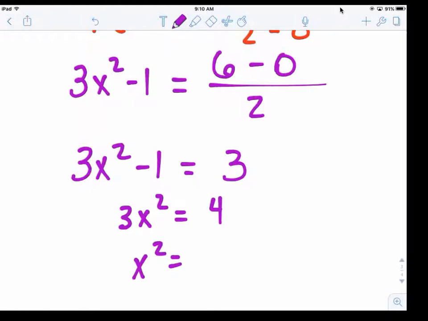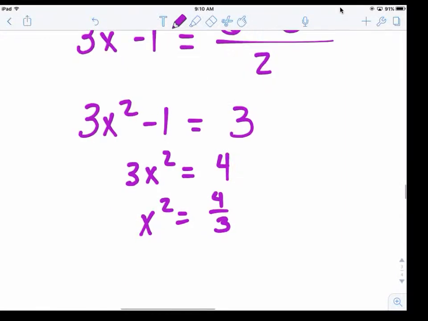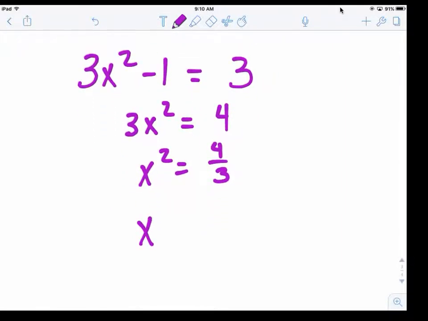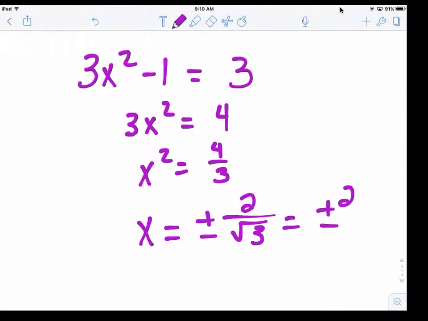Divide by 3. So then x is going to be plus or minus 2 over radical 3, which is plus or minus 2 radical 3 over 3.